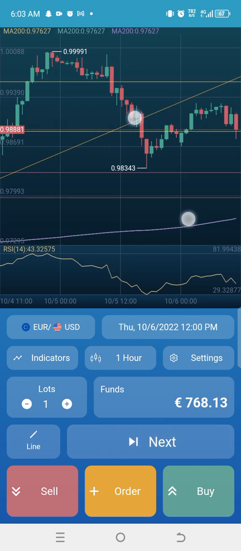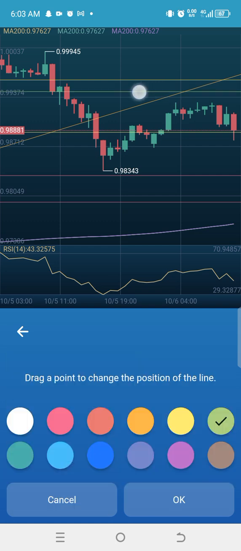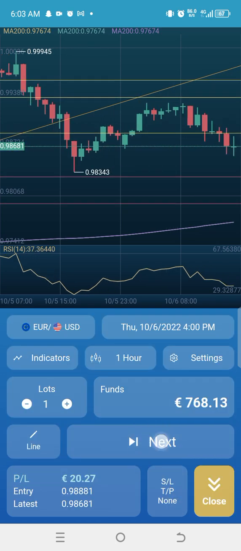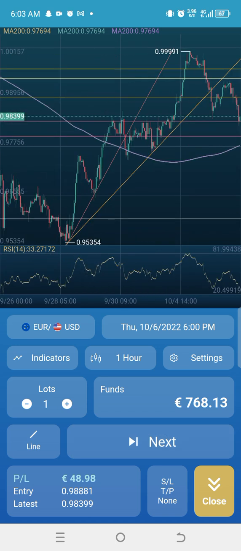Yeah, that one. Sell. Stop loss about there. Net target profit will be here.